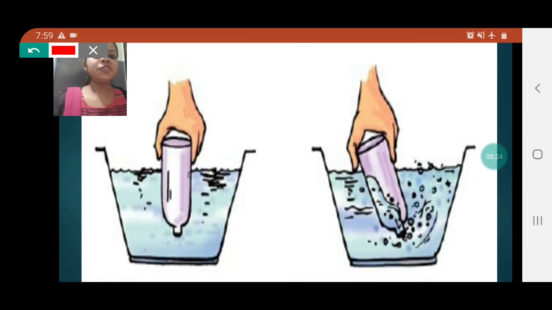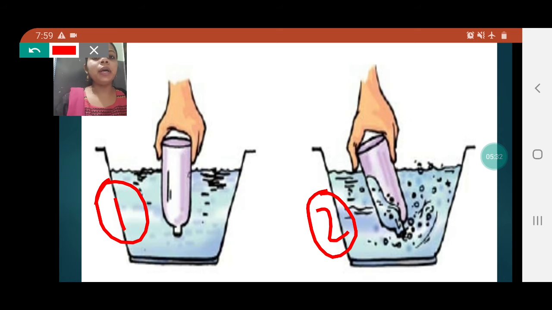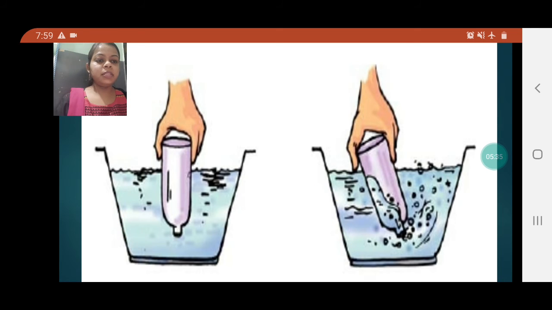As you can see in this first picture, water is not going into the bottle, but in the second picture, water is going into the bottle. Why? Because this bottle is tilted a little bit. In the first picture, the bottle is straight and the air is trapped inside the bottle, whereas when we tilt the bottle, some of the air escapes from the empty bottle, and whatever space the air leaves is occupied by water.